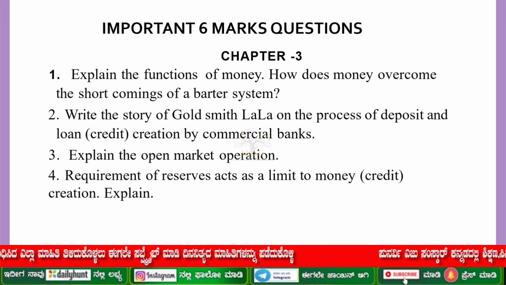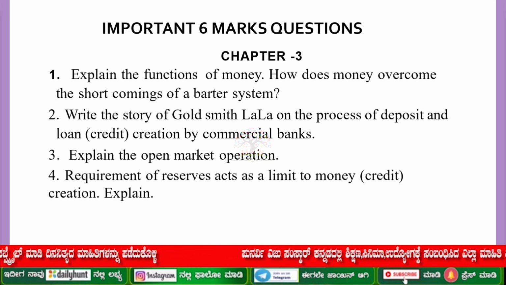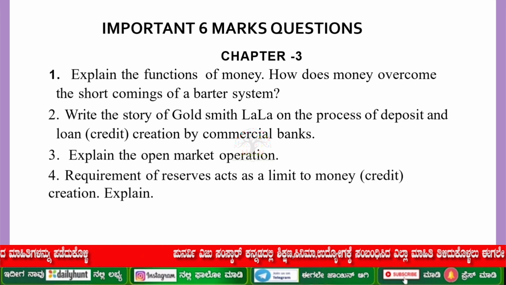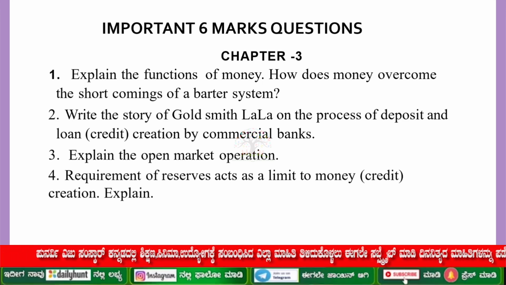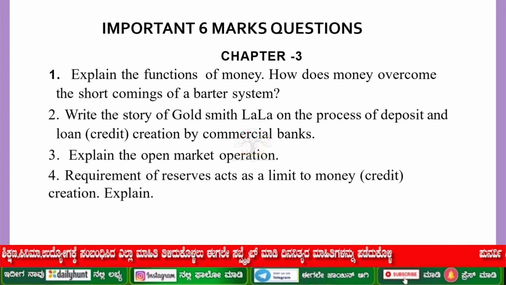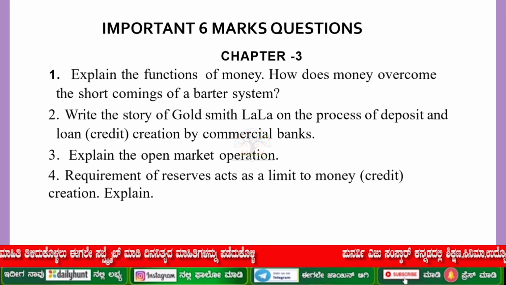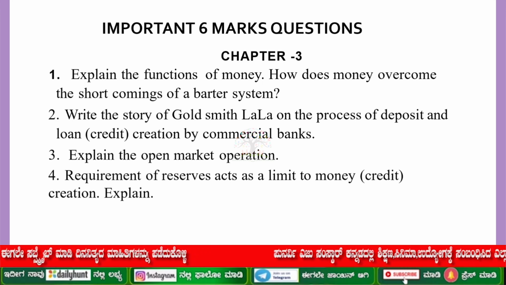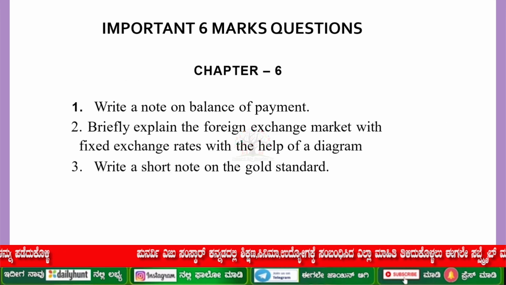Then write the story of Goldsmith Lala and the process of deposit and loan credit creation by commercial banks, and explain open market operation. Then the last one: requirement of reserves acts as a limit to money creation, explain. So out of these 4, you can expect one 6-mark question.